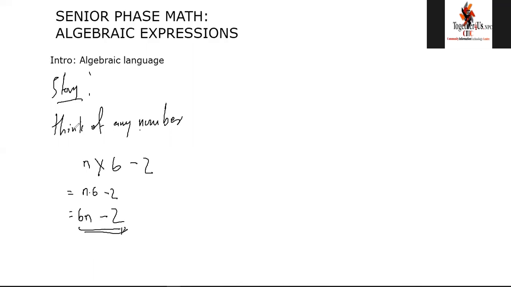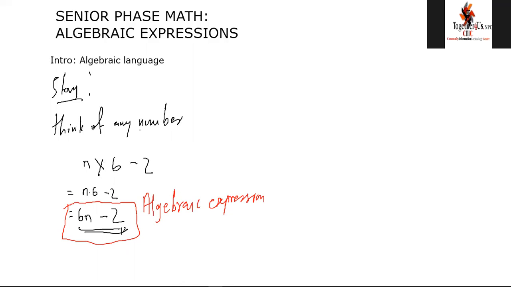This thing that I have just written is what we call an algebraic expression. What I want you to understand from this simple example is that algebraic expressions indicate what can be described in words.